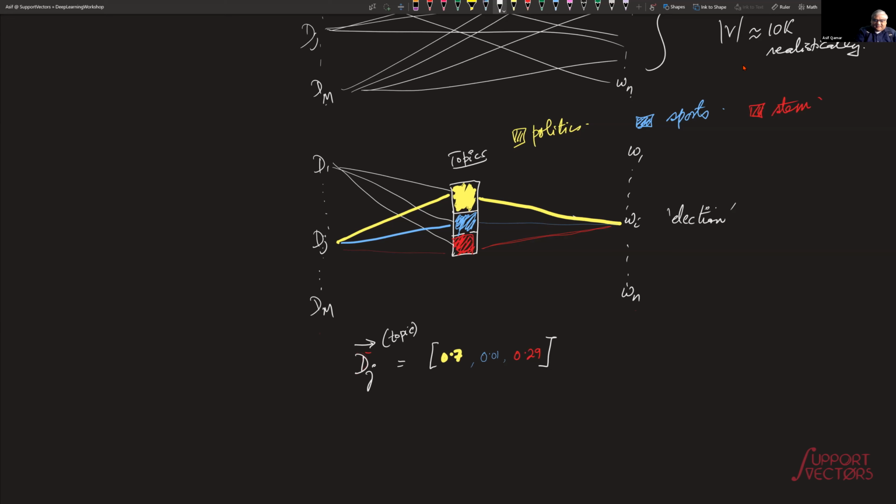But the same document vector in the word space, you remember, as a TF-IDF vector, which we wrote as phi d_j, was a 10K dimensional vector, where we had the TF-IDF value of each of the words, word i in the document j.